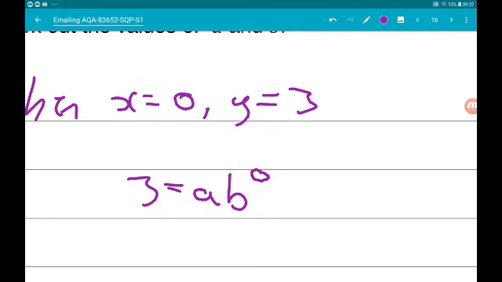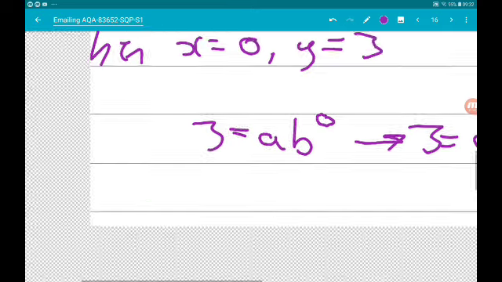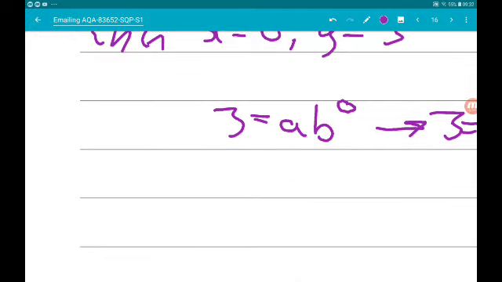Any number to the power of 0 is 1. So this then tells us 3 is equal to a. A is equal to 3. So now we know the equation is y equals 3b to the minus x.